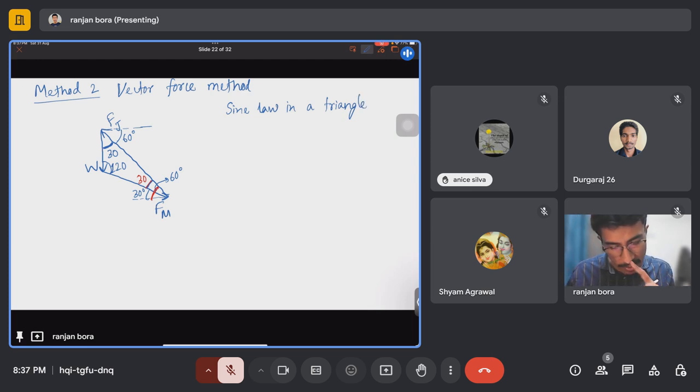That law says that this force Fm will be proportional to the sine of the angle between the other two forces. That means Fm will be proportional to sine of this angle 30.